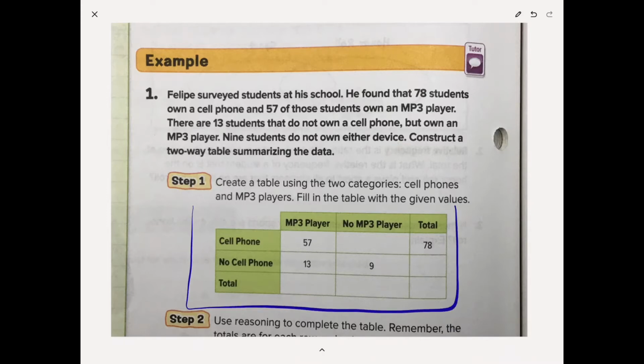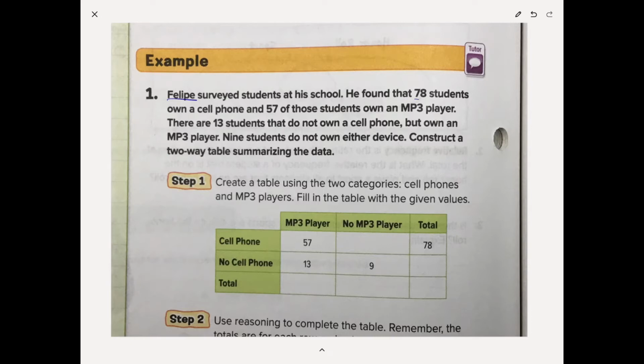Here's our table down here, and you can see that it compares cell phones to MP3 players, people that have them, people that don't. If we read the problem, we're going to find out that Felipe surveyed students at his school. We don't know how old they are. I'm going to assume they're middle schoolers for the course of this problem.